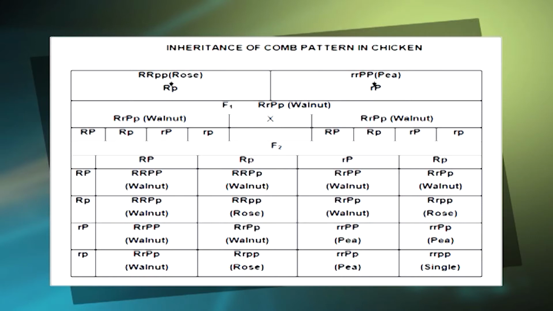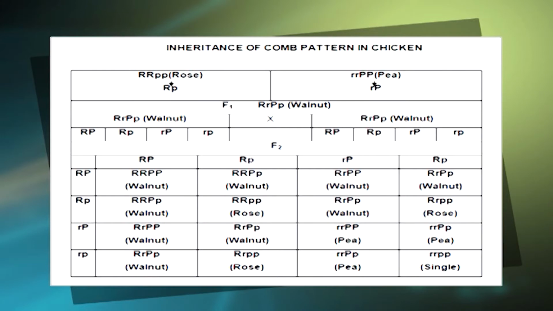It results in a walnut comb and has one of four possible gene combinations: capital R, capital R, capital P, capital P; capital R, capital R, capital P, small p; the third possibility is capital R, small r, capital P, capital P; or capital R, small r, capital P, small p.